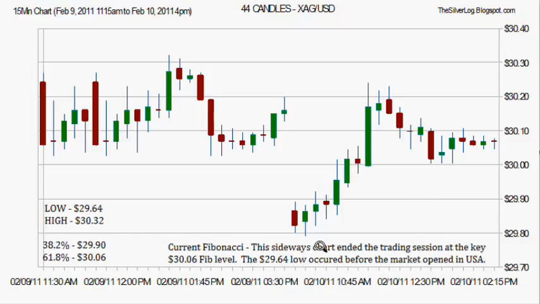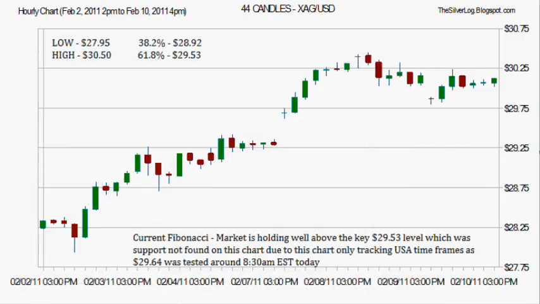The 29.64 low occurred before the market opened in the United States. It's the SLV chart, and actually when I look at this, the data isn't quite as I'd want it to be presented, but like I said, I don't want to spend too much time within the shorter term charts.